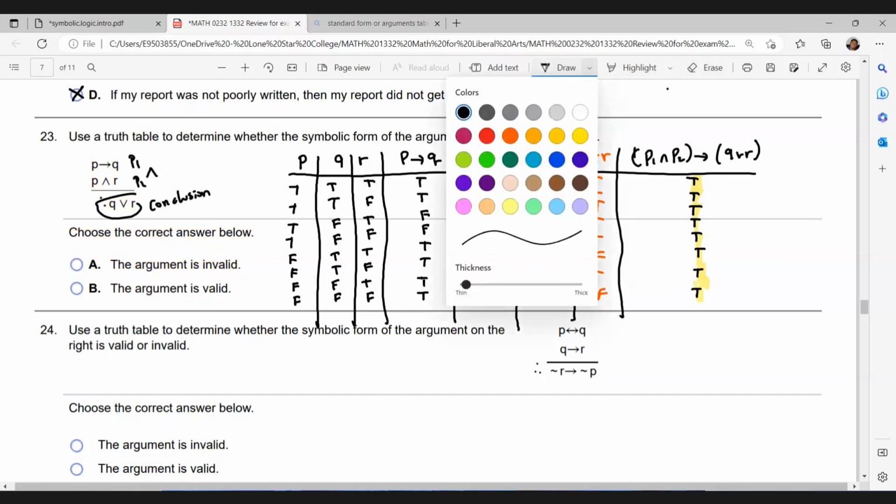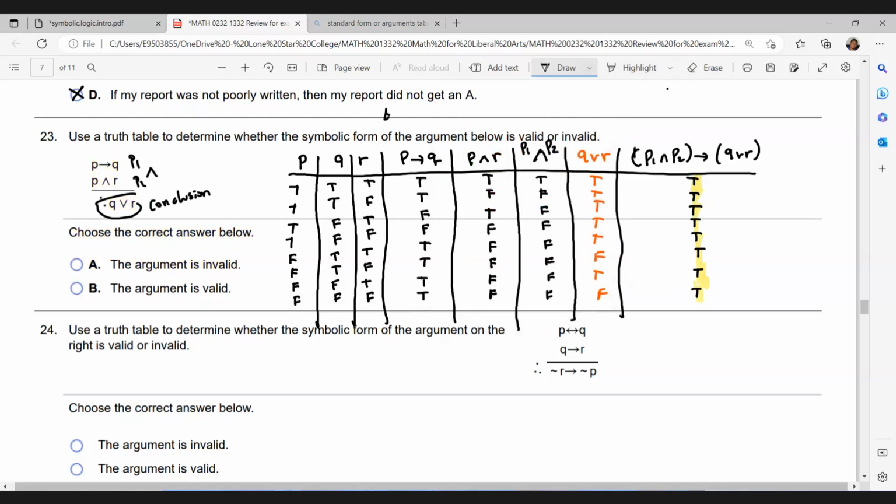Okay, so the idea is this: you have a premise and another premise. These two premises have to be connected with an AND. Unfortunately, since there were 3 variables, this table looks very, very long. But here's the first premise, here's the second premise, and here I am connecting them using the connective AND. Then I have the conclusion, which is what we have here.